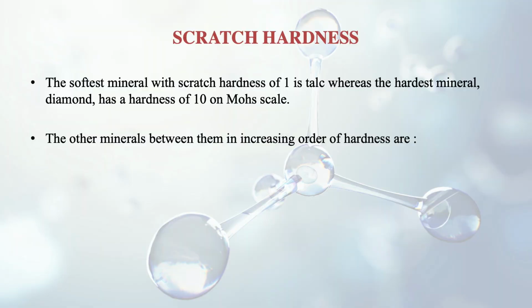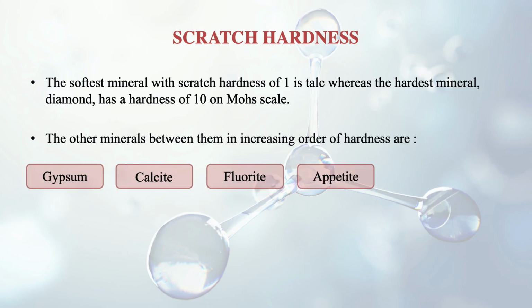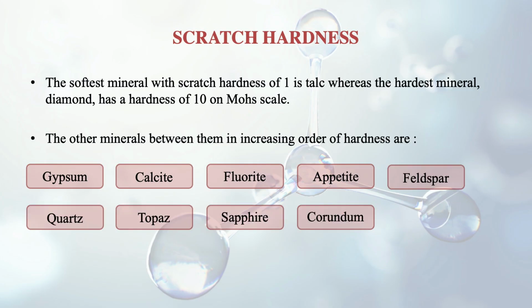So talc has hardness of 1 and diamond has 10 on the Mohs scale. The other minerals which come in between 1 and 10 are given in increasing order of hardness. I am listing it here: gypsum, calcite, fluorite, apatite, feldspar, quartz, topaz, sapphire and corundum.